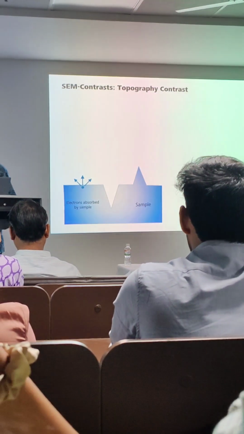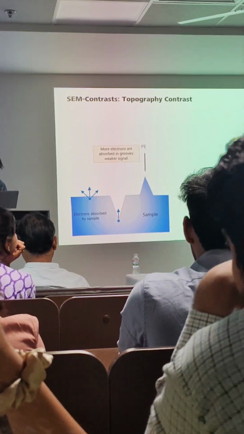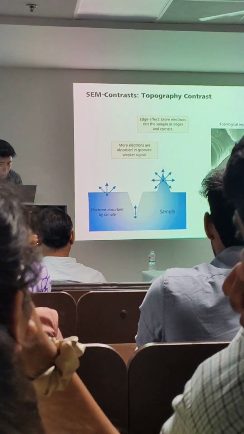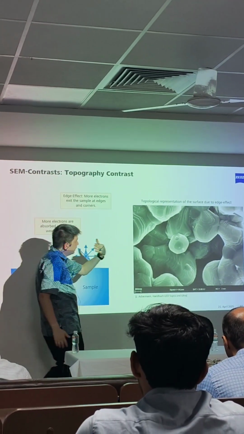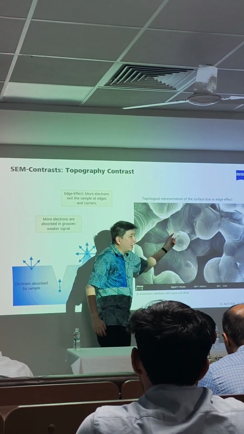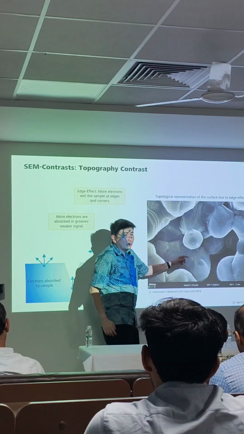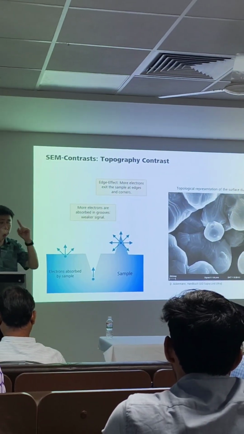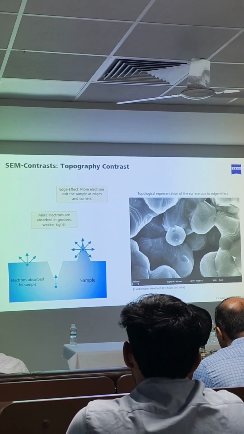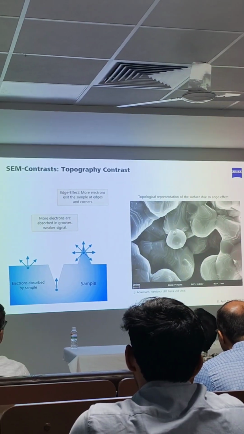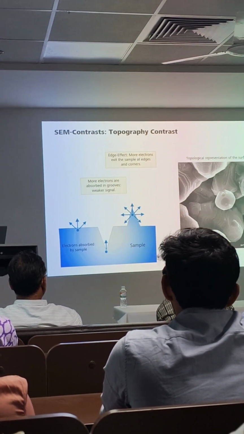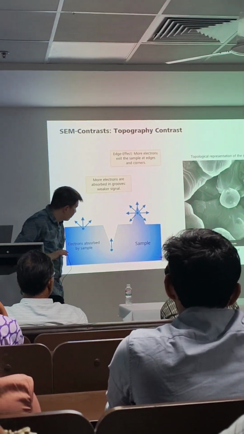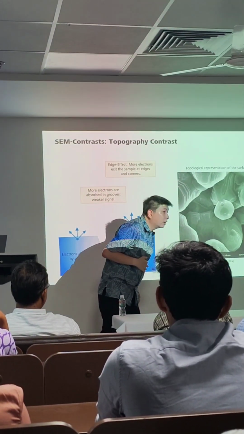But when your sample has a valley or a mountain, the pointed areas are always very bright and this side is very dark, because of electron accumulation at the mountain. What kind of sample was that? It's a very nice facet. I can't remember what it is. Aluminum.